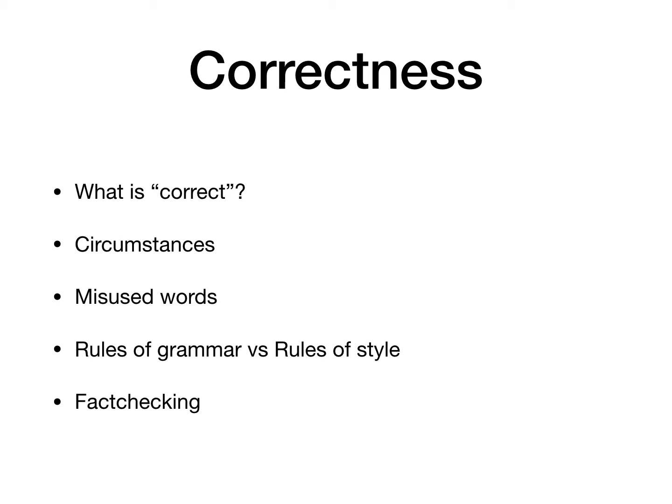So Canadian Press Style Guide is used by journalists and PR professionals, business communicators. So that's a whole different set of expectations than, say, the APA Style Guide, which is primarily used by academics. So how are we going to apply these rules of style, these rules of grammar?